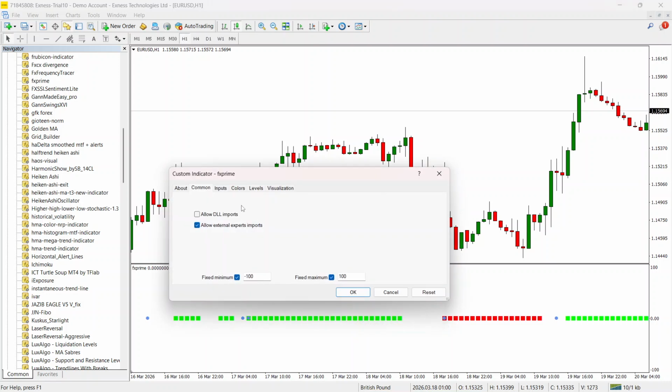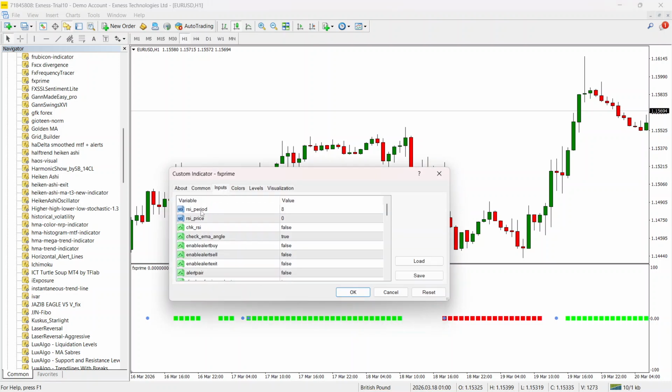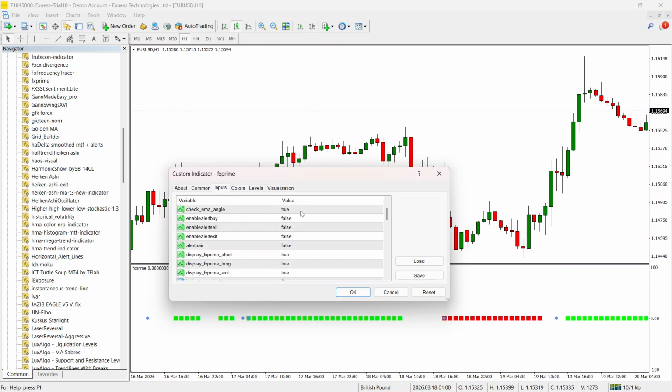If we go over to its input, we have the RSI period and RSI price, with the period controlling how many bars are used to calculate the underlying RSI that drives the color logic, directly affecting how quickly the boxes respond to changes in momentum.